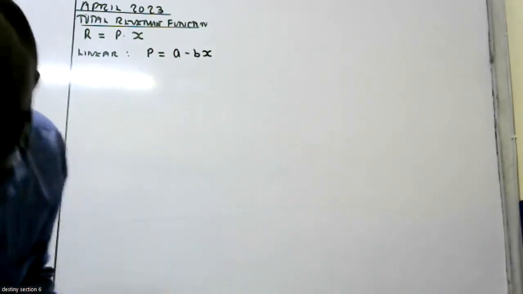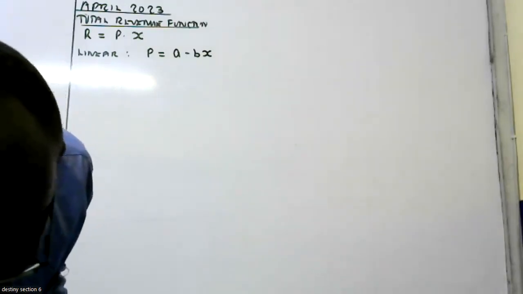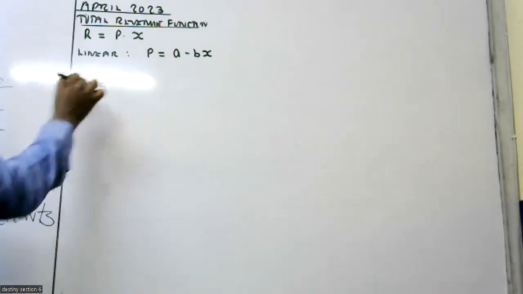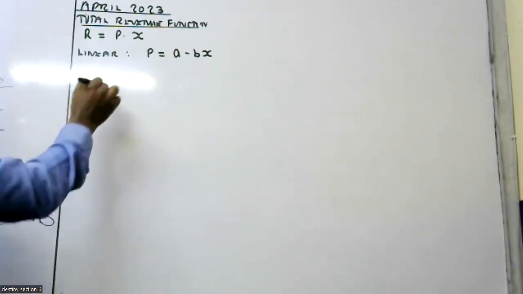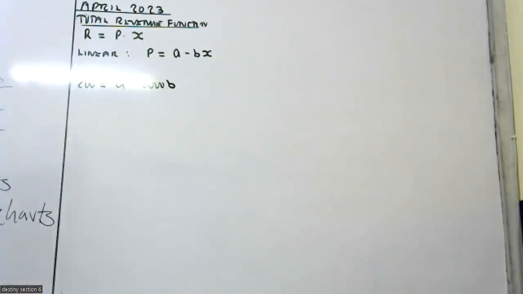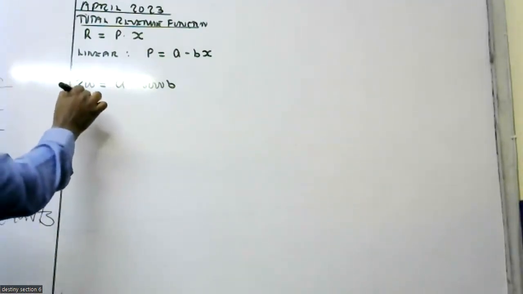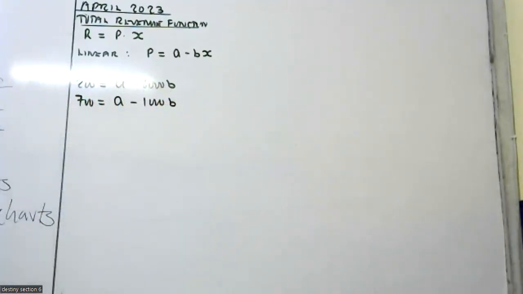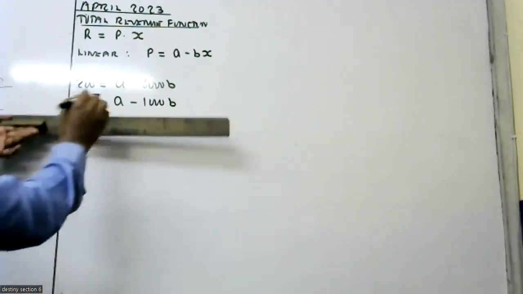So, we are told when we are charging 200, the units are 6,000. So if I say 200 is going to be equal to A minus 6,000 B. And then when we increase the price to 700, demand comes to 1,000.